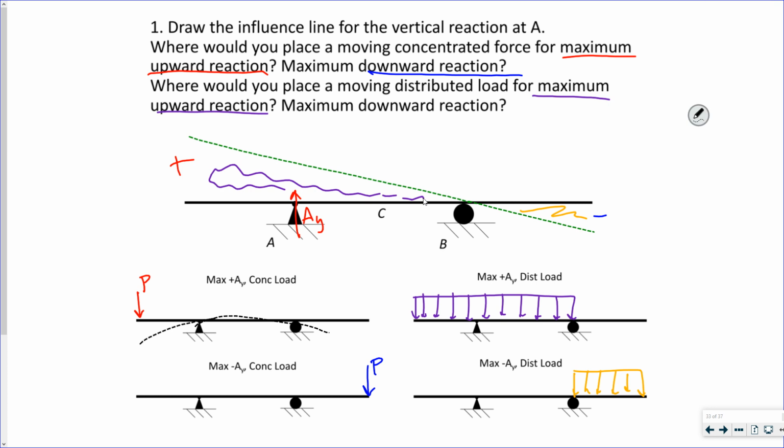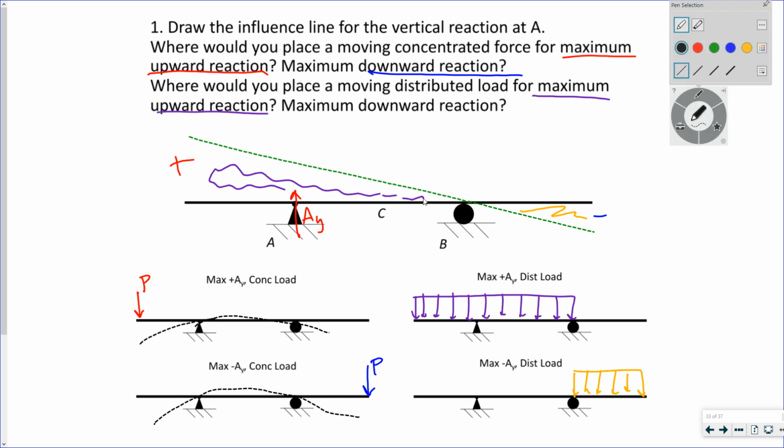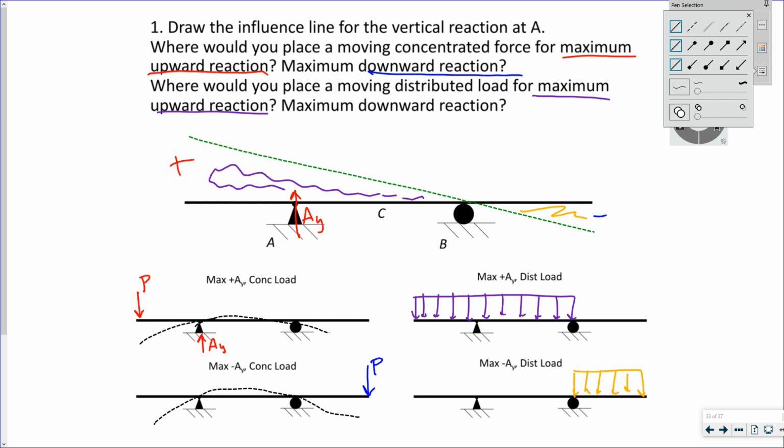So this one would probably be something like that. Over here, it's holding it, it's applying an upward force over here.